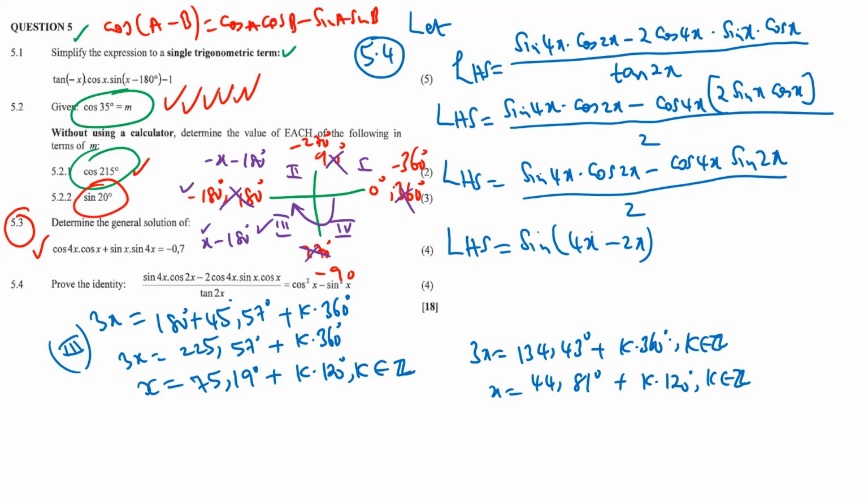It is actually divided by the tangent of 2x. So we actually have here tangent of 2x, which is the sine of 2x divided by the cosine of 2x. Okay, now let's look at this.